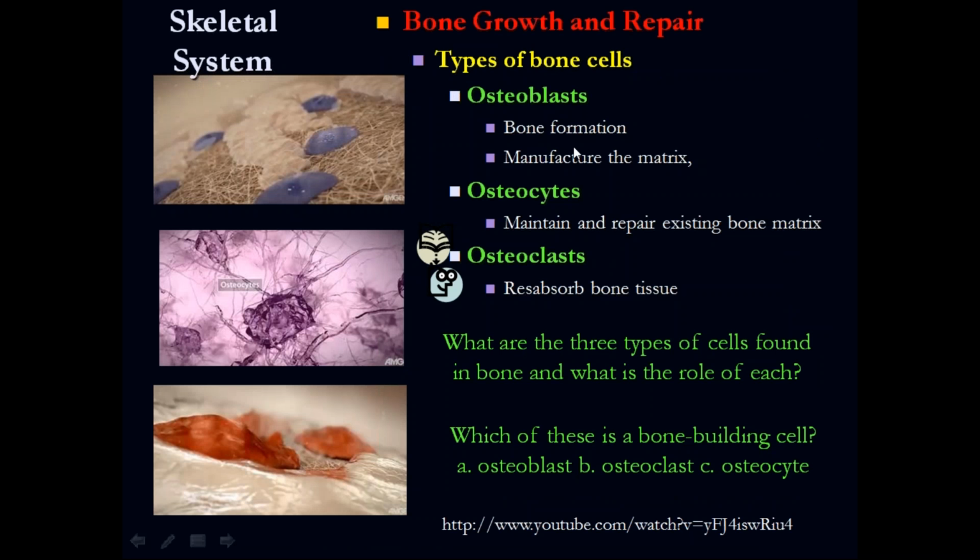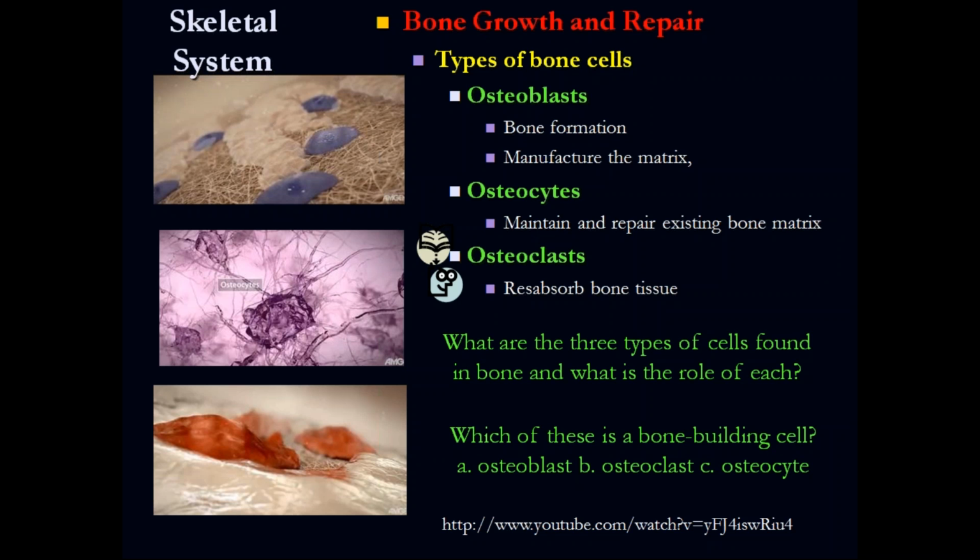What are the osteoclasts doing? The osteoclasts are going to reabsorb bone tissue. What does that mean? The osteoclast is going to take calcium from the bones. Osteoclasts take calcium from the bones and put it into the blood circulation.